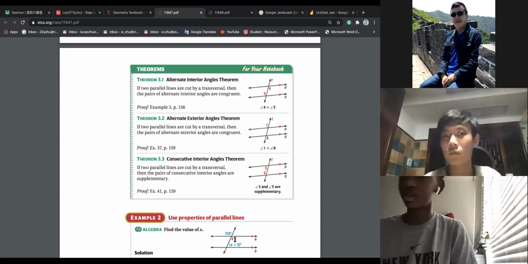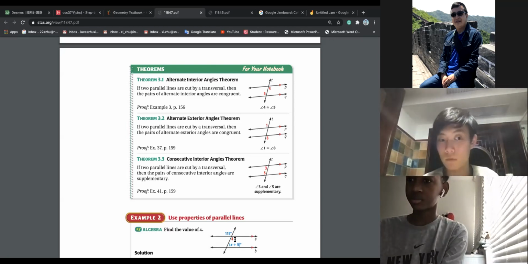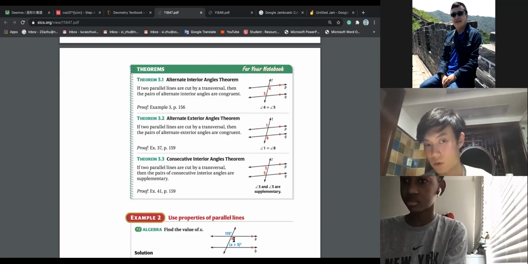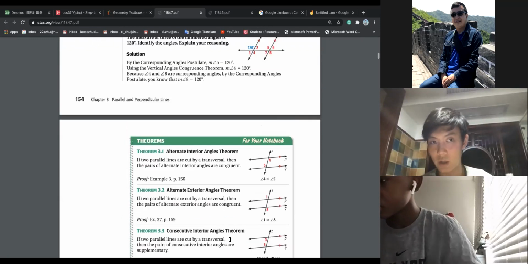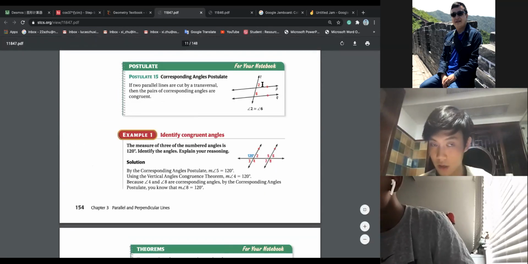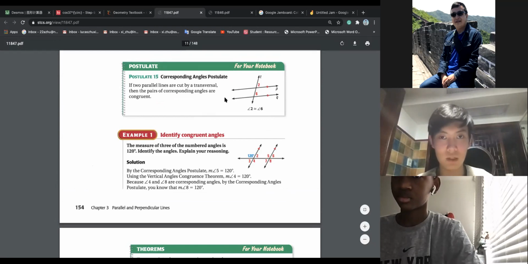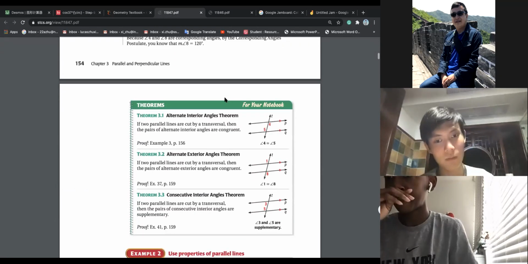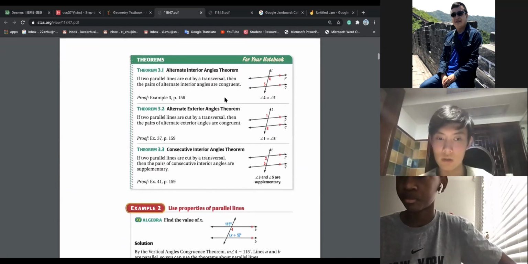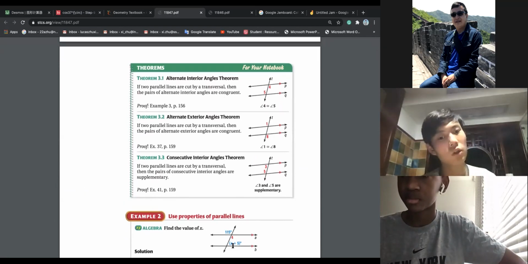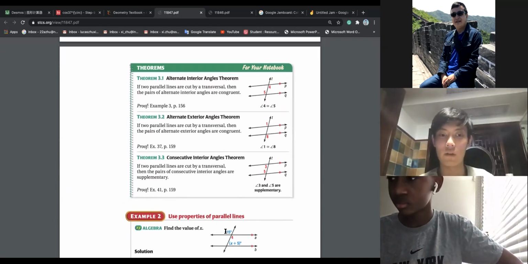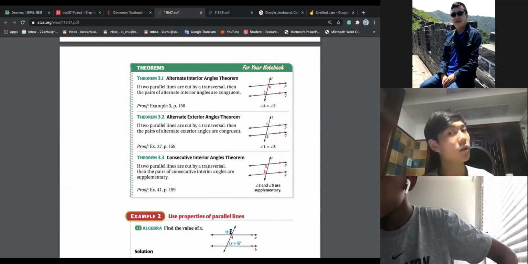They're corresponding angles. Are you sure 115 and angle 4 are corresponding? Look, they're on the same position, right? But it's not saying they are opposite. They just share the same position, right? So what's the relationship between angle 4 and 115?